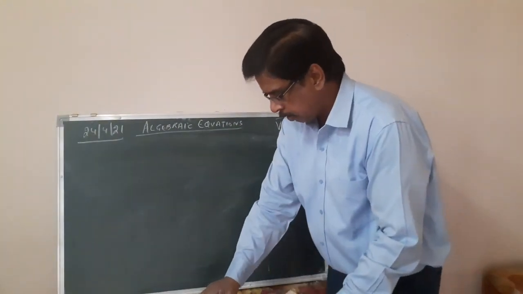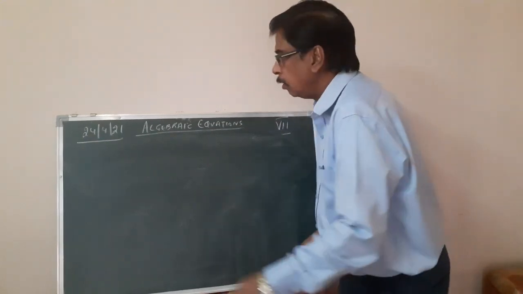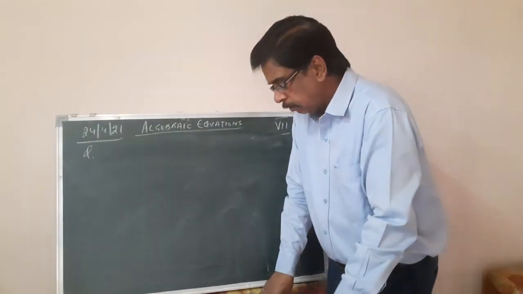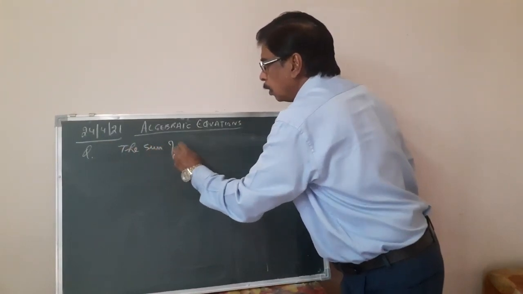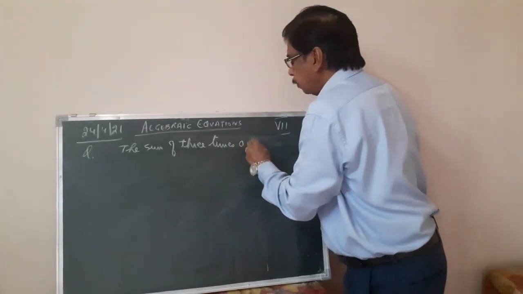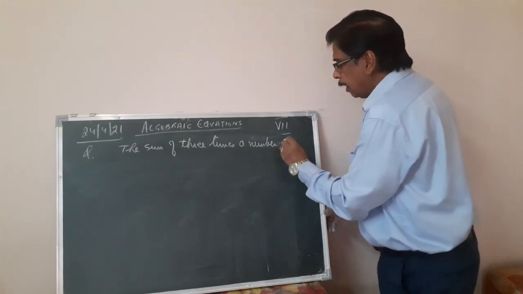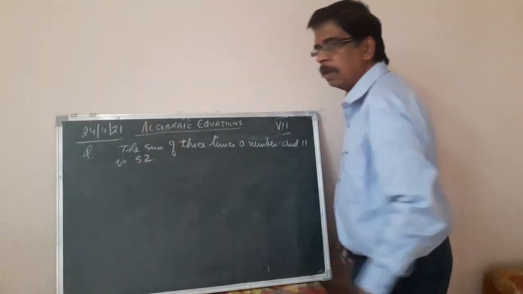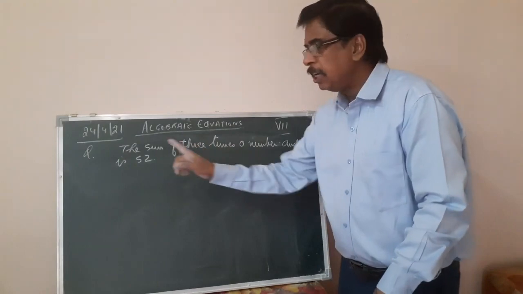Suppose you are given a sum. If they say, form an equation from the following statements. The first statement is: the sum of 3 times a number and 11 is 52.